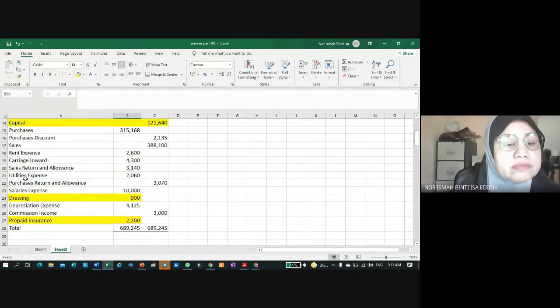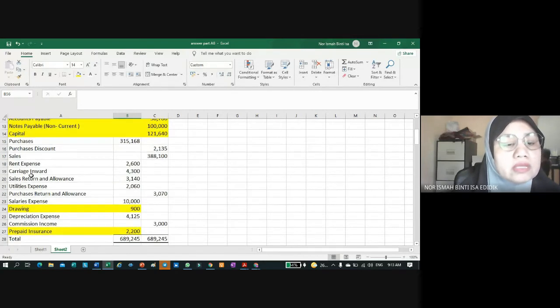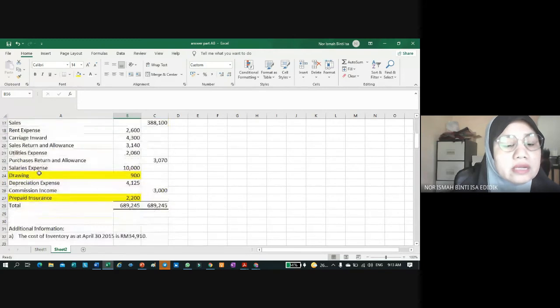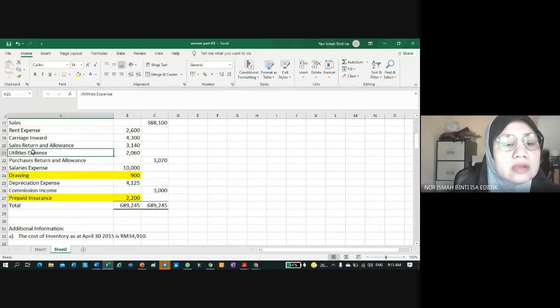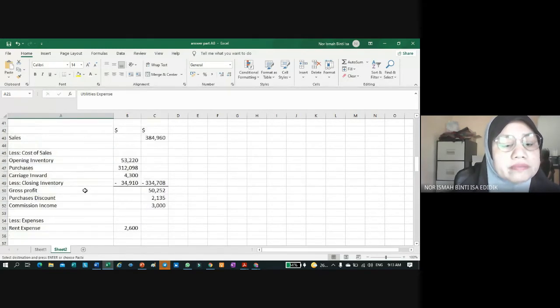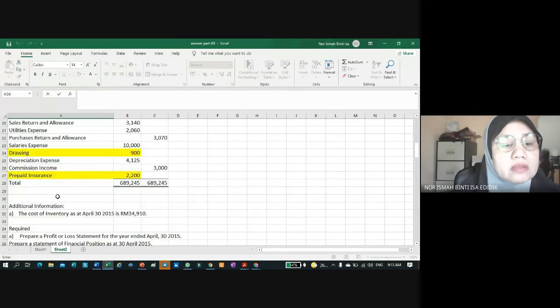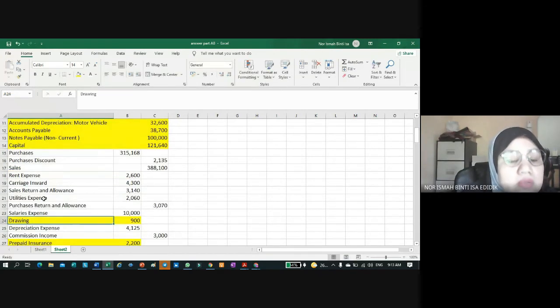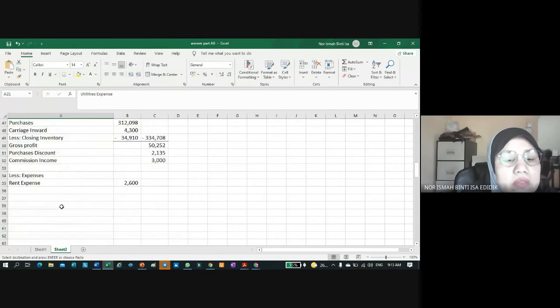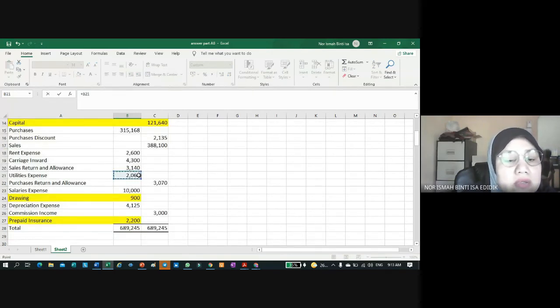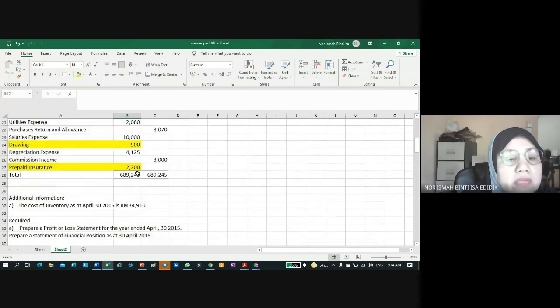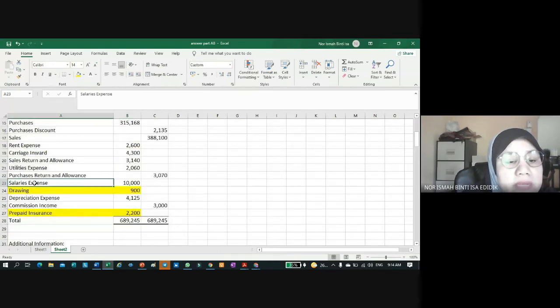Lepas tu utilities ada atas lagi tak? Tak ada ya? Atas tak ada. Utilities. Copy. Utility expenses. Kemudian apa lagi? Salary expense.